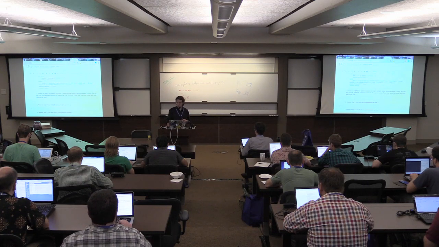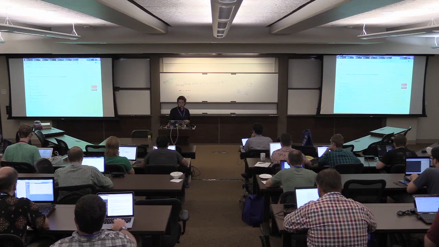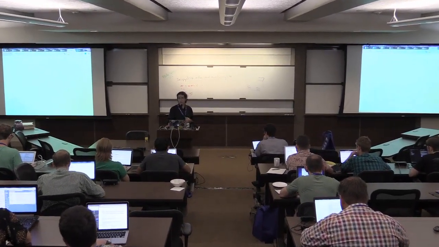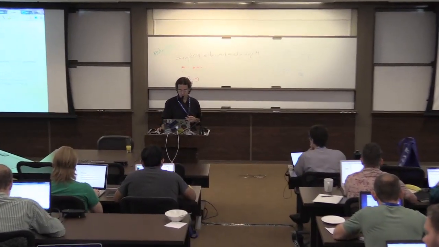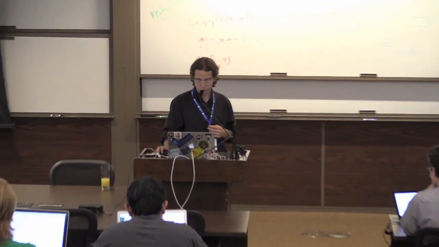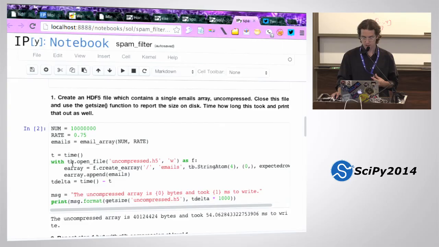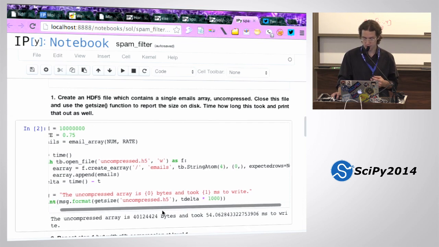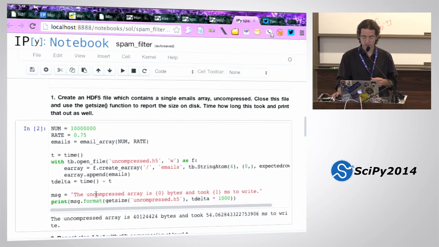All right, so let's go over this really quickly, the first two here, since that's all I asked you to do. In the first one, all we're going to do is open a file, and here I added some timing information just to make it nice, and create an array, giving it an expected rows hint, although you don't have to do that.